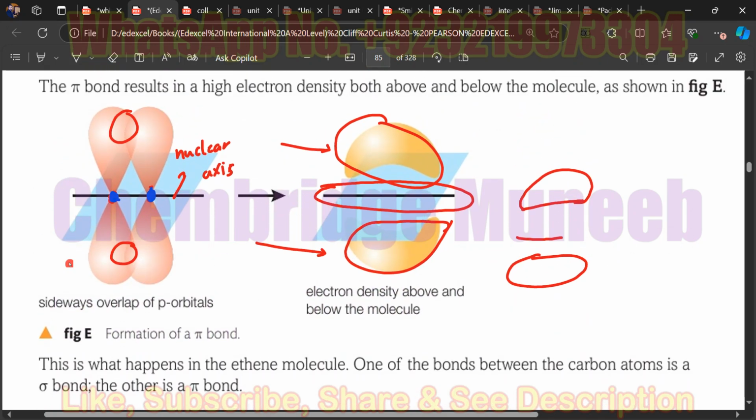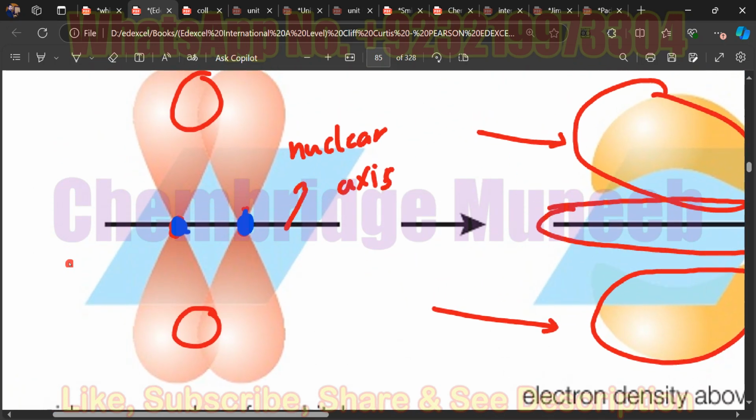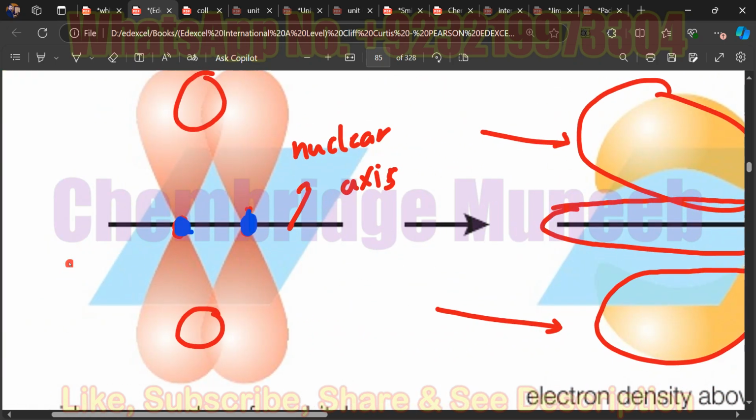Now can you tell me how many electrons are present in the pi bond? When there is one pi bond, how many total electrons are present in one pi bond? 4. No. Six.